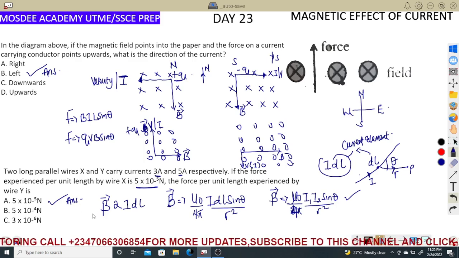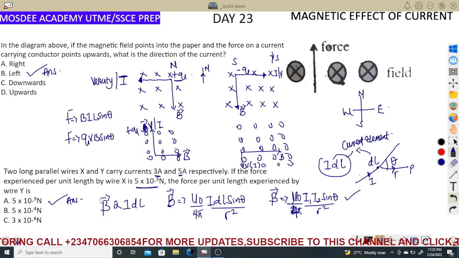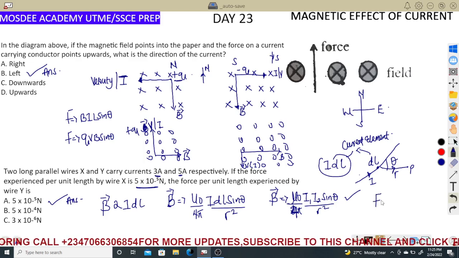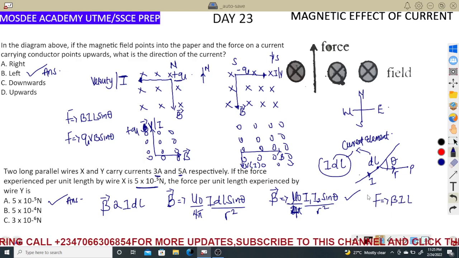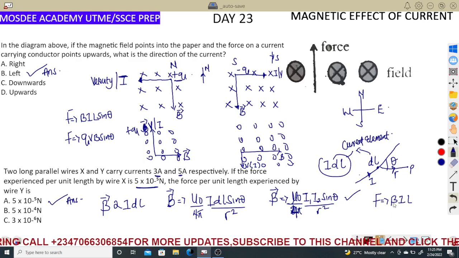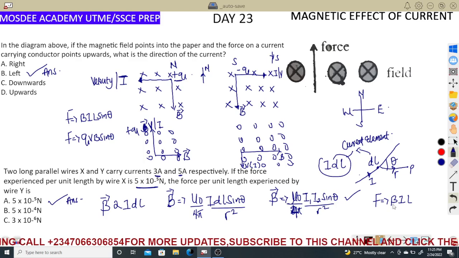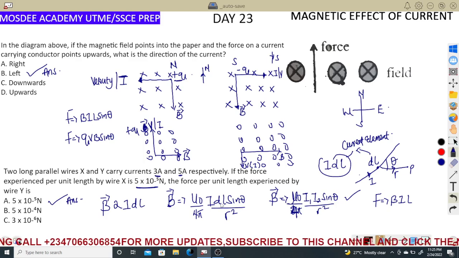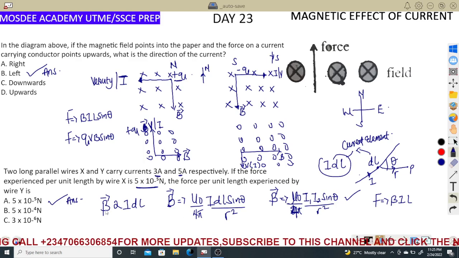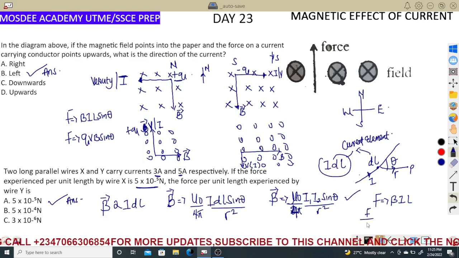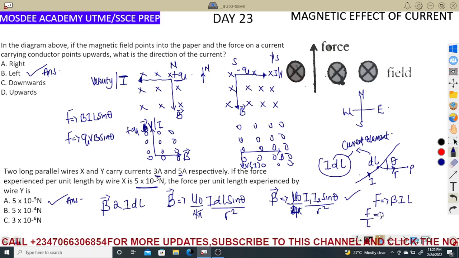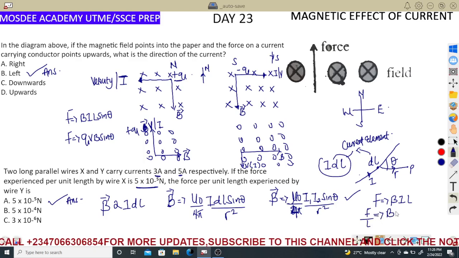But according to Biot-Savart, the force per unit length, we've talked about F equals BIL. You can start substituting if you want. Now, here you see B equals F over IL. You can see this gets cancelled out, and at the end of the day, the force per unit length is F over L. I'm just showing you, because there's nothing that cannot be proved in physics.